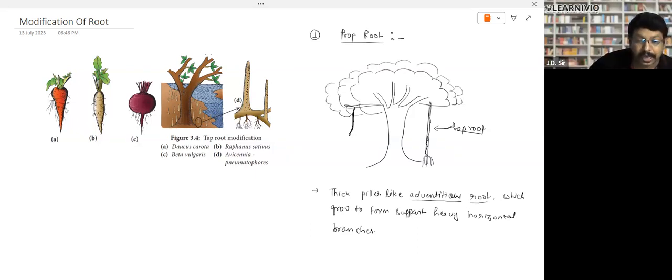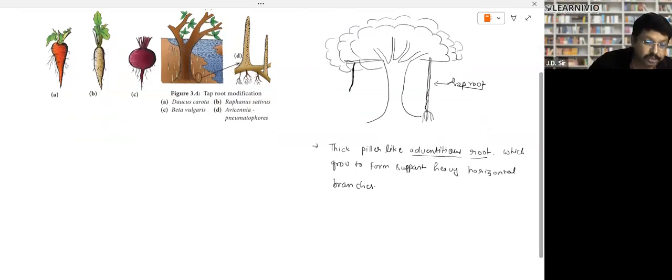As I told you, as they reach the ground, they anchor with the soil, right?